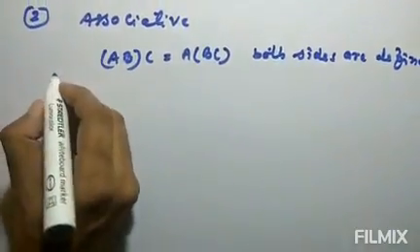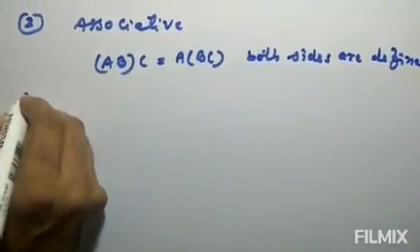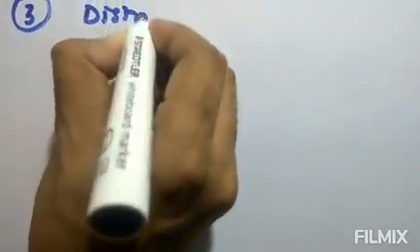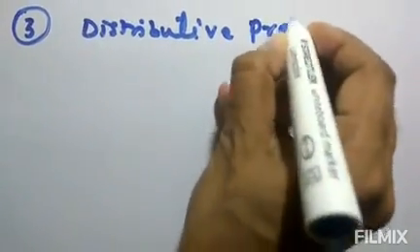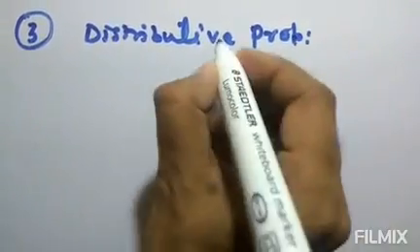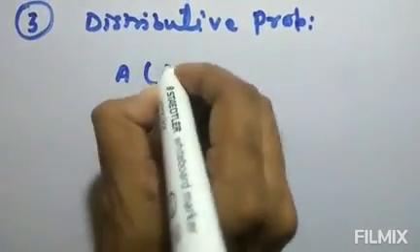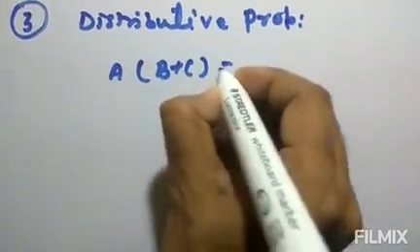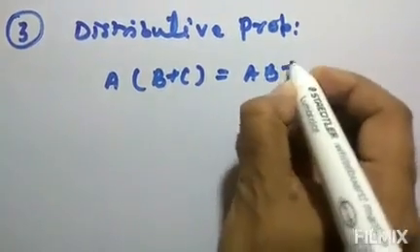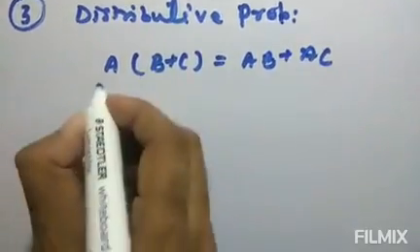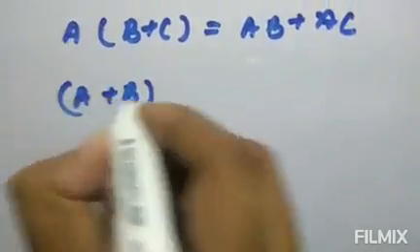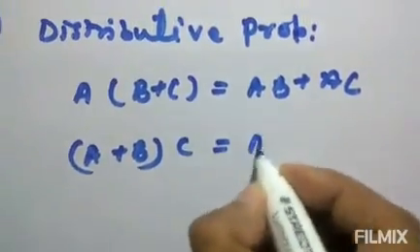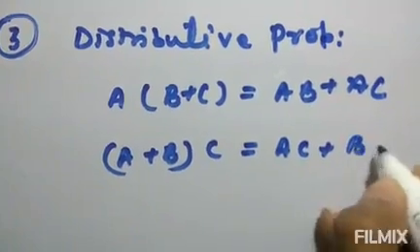And third property, distributive property. According to this, A(B plus C) equals to AB plus AC, or (A plus B)C equals to AC plus BC.